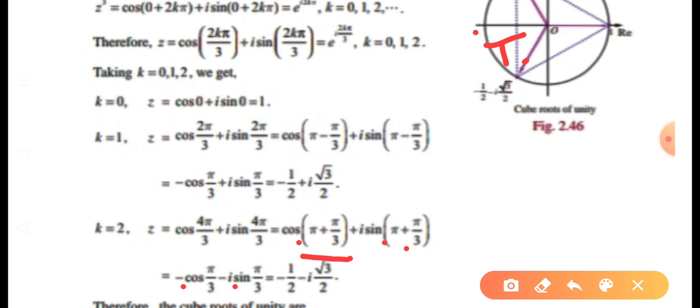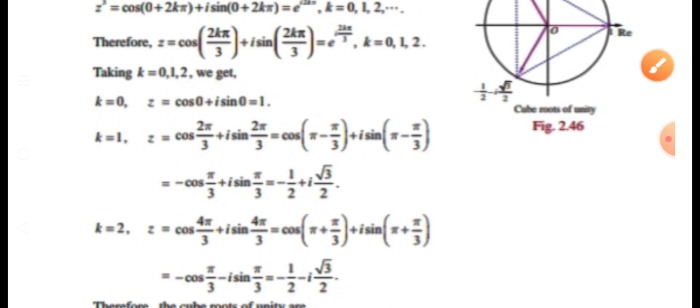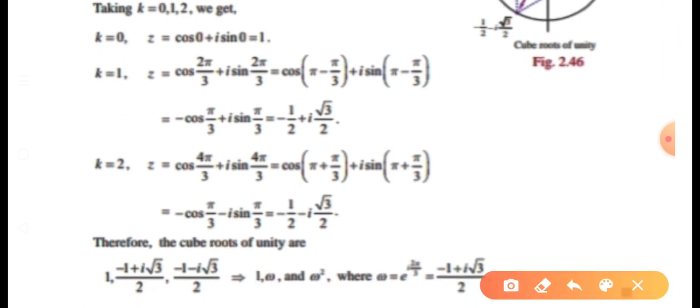Next, θ. Here π means 180 degree, so 90 degree appeared 2 times, an even number of times. So cos θ gets cos θ, sin θ gets sin θ. So we write minus cos π by 3 minus i sin π by 3. Are you understanding? Next, cos π by 3 value, that is minus 1 by 2, and minus i sin π by 3, that is minus i root 3 by 2.